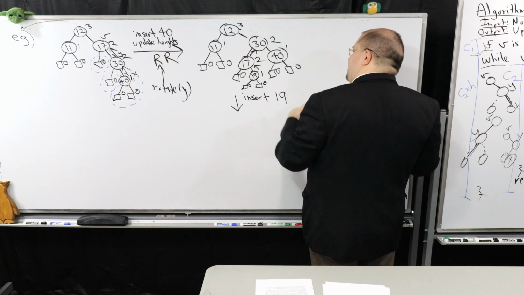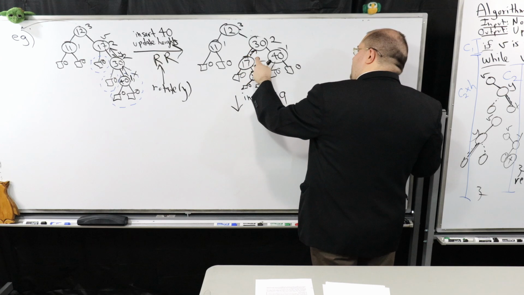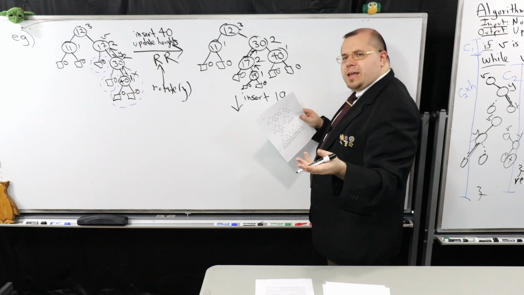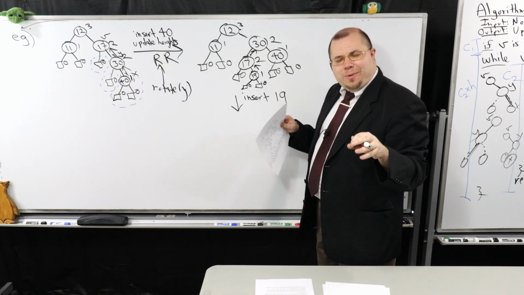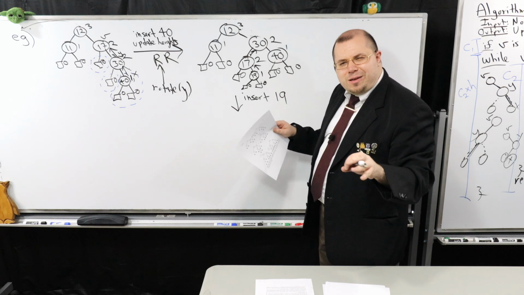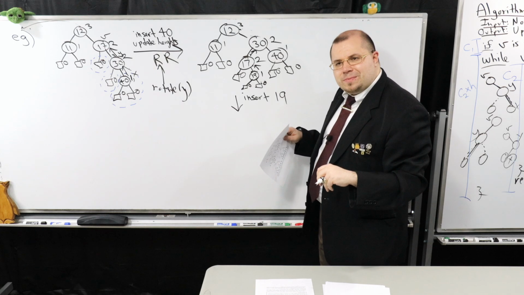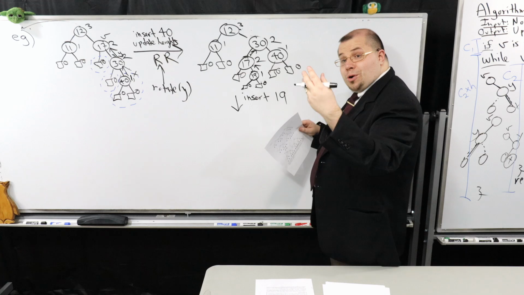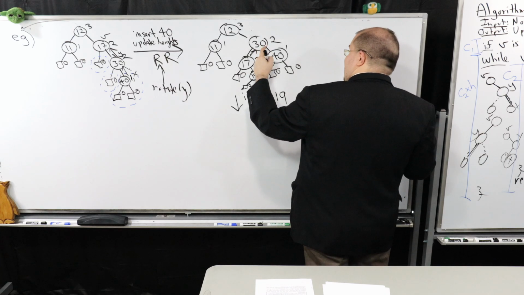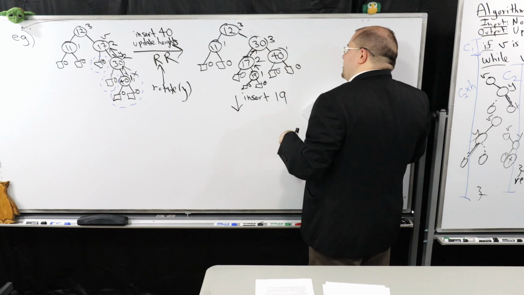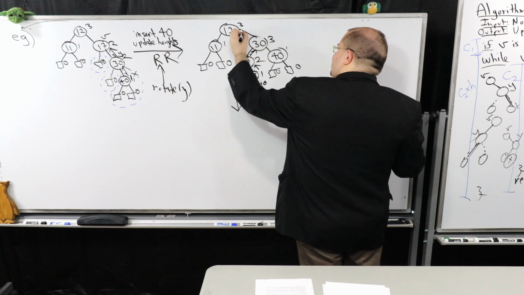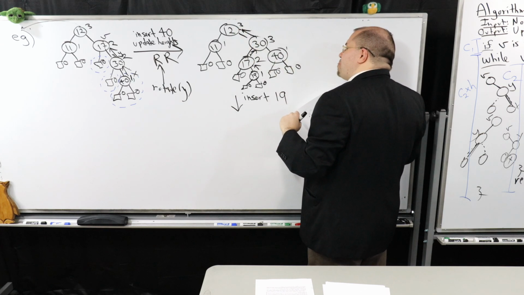I walk up the tree. I have 2 versus 1. At this node, are we okay? Is there any imbalance that's happening? Yeah, we're okay here, exactly. So I'm just going to recompute its height.